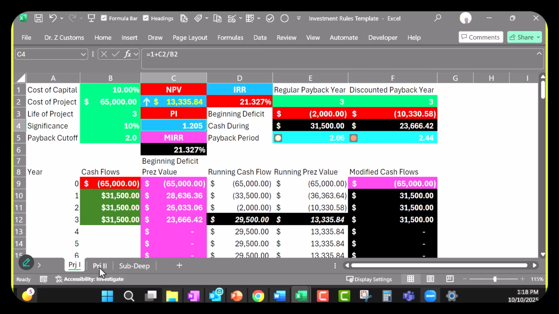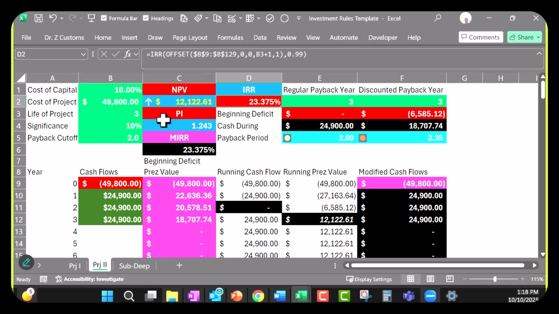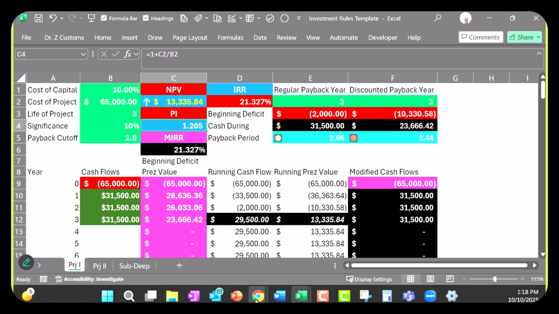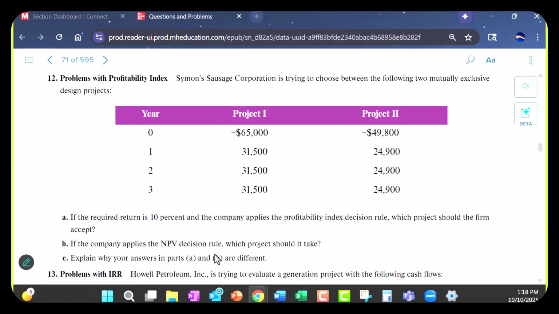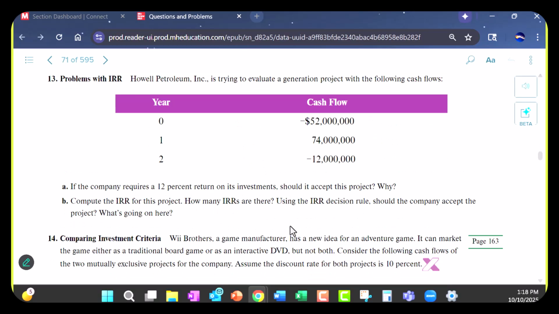But since project 2 is a smaller scale and the difference between the profitability indexes is not that much, the NPV rule says go ahead with project 1. That is the reason why these two answers are different. Okay.